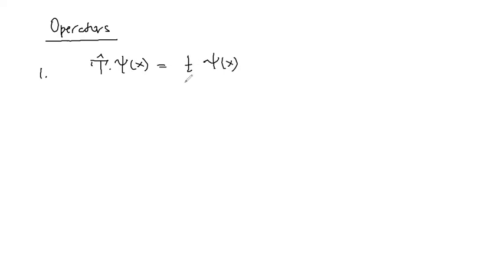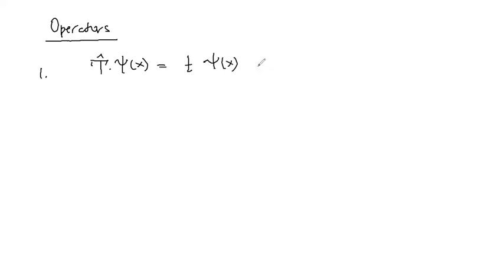First of all, we can talk about eigenvectors and eigenvalues. So operators. Let's say you have an operator t. You can find such a state that when you act with this operator on the state, you're going to get the same function, maybe times some coefficient t.